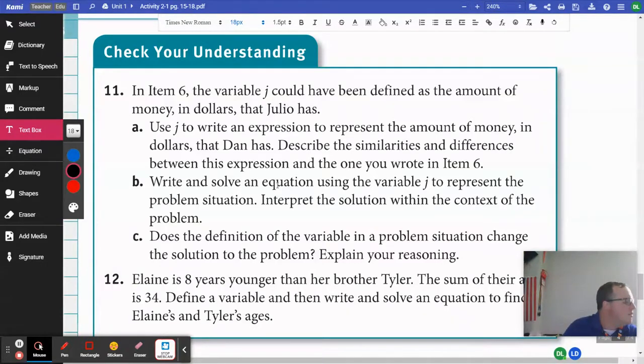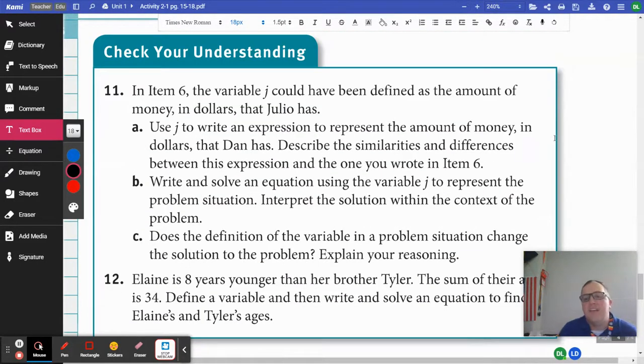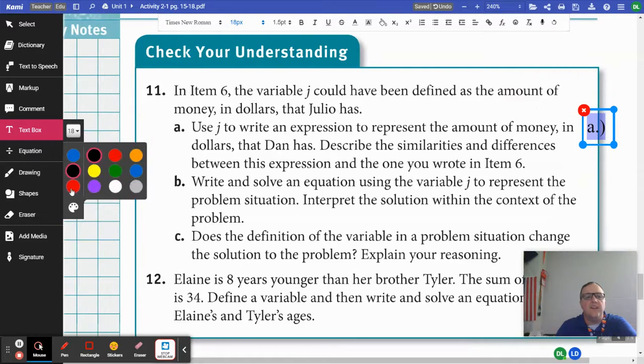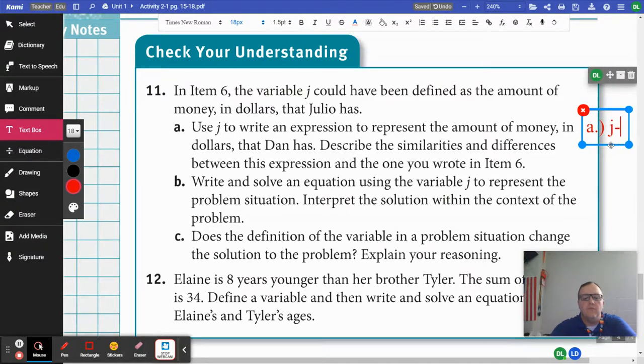So in item 6, instead of saying whatever Dan has plus 5, we would actually be saying whatever Julio has minus 5 is what Dan has.